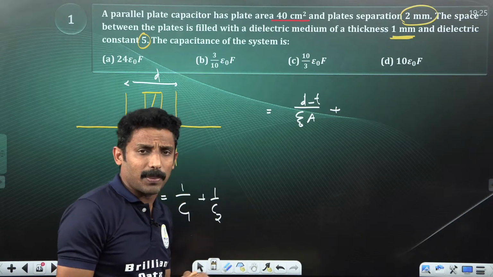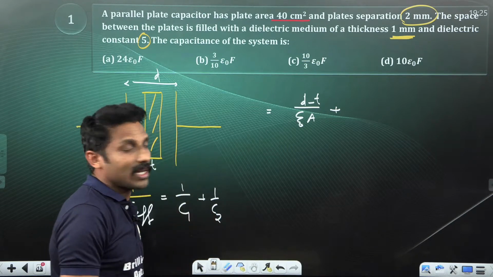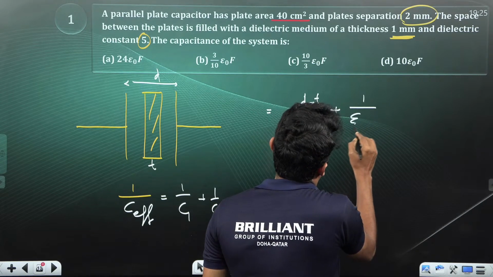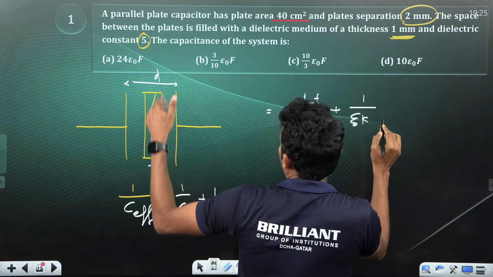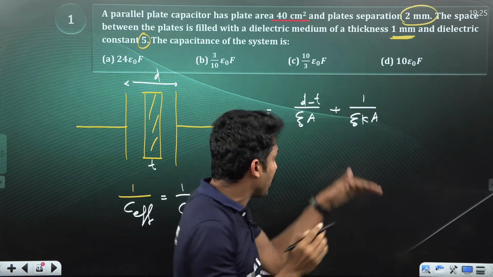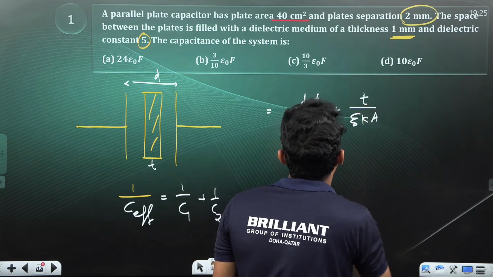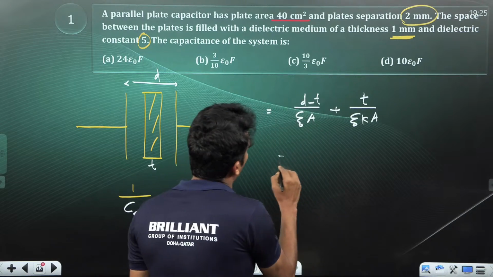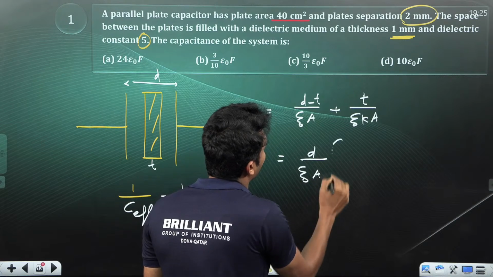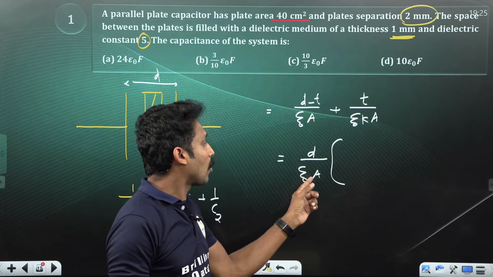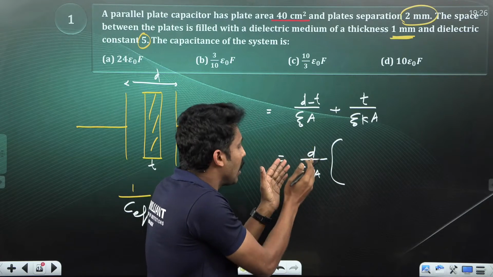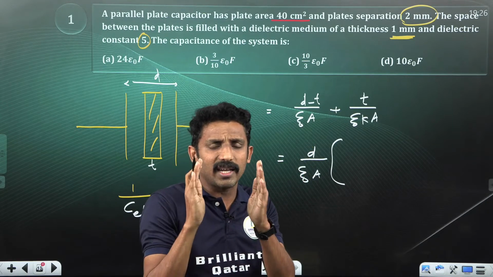C2 is the capacitance of the dielectric slab, which is epsilon naught K A divided by T, with T coming here. Now take D and epsilon naught A outside. Epsilon naught A by D is the capacitance of the air capacitor.